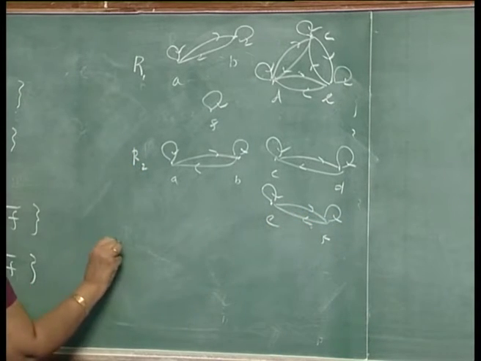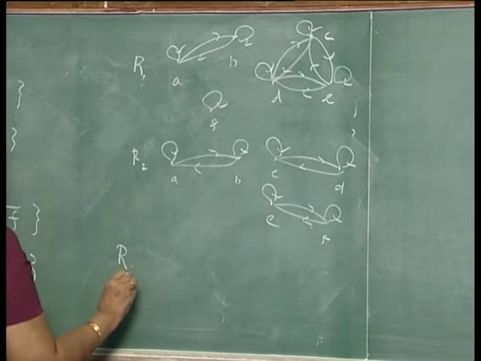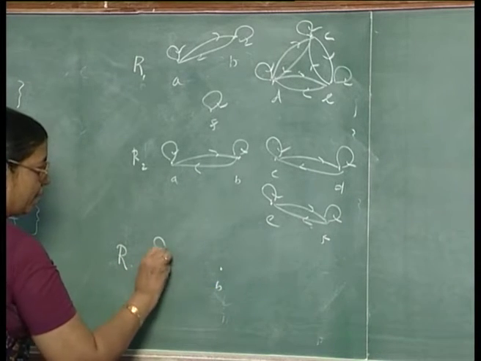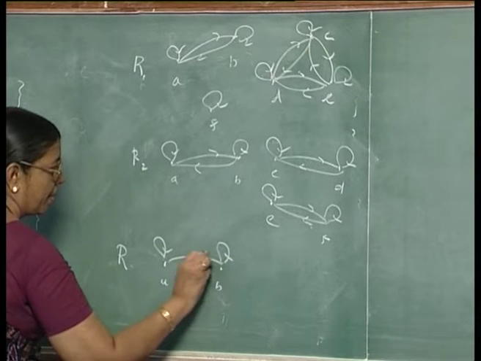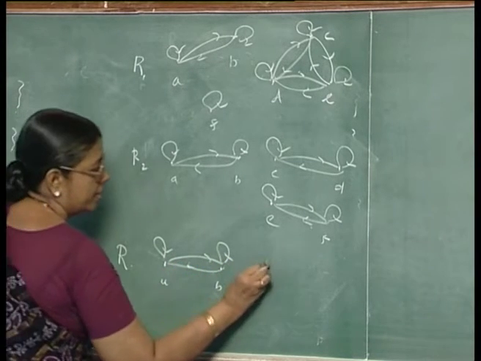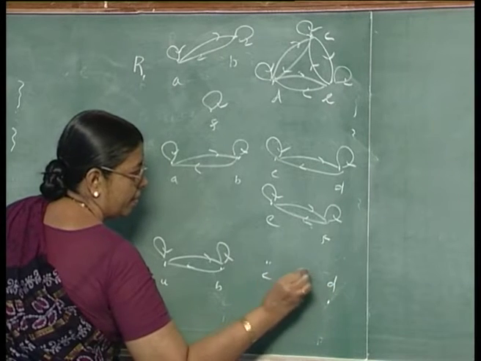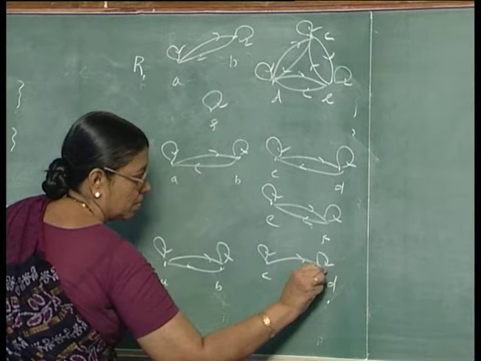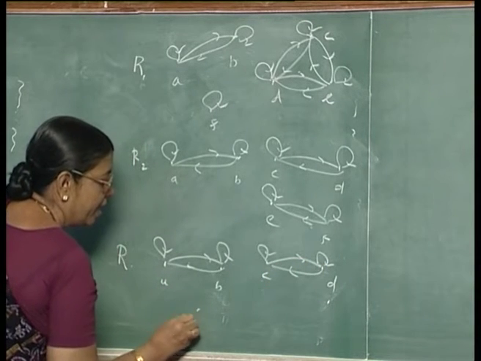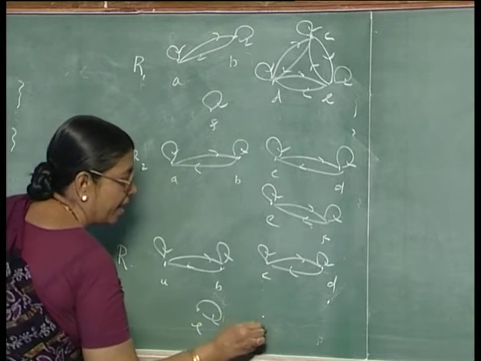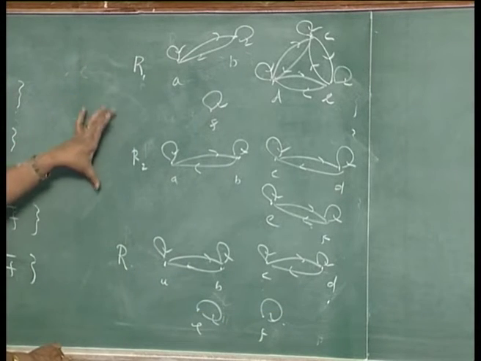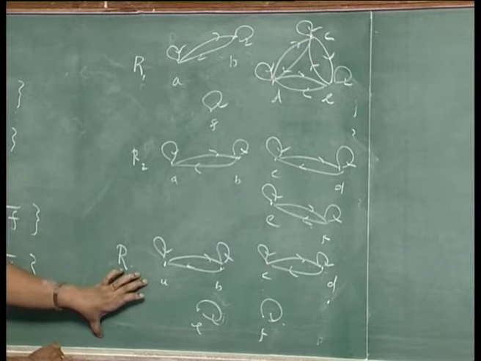And pi induces R, that will be AB, CD, and E and F. You can see that the intersection of these two is this.